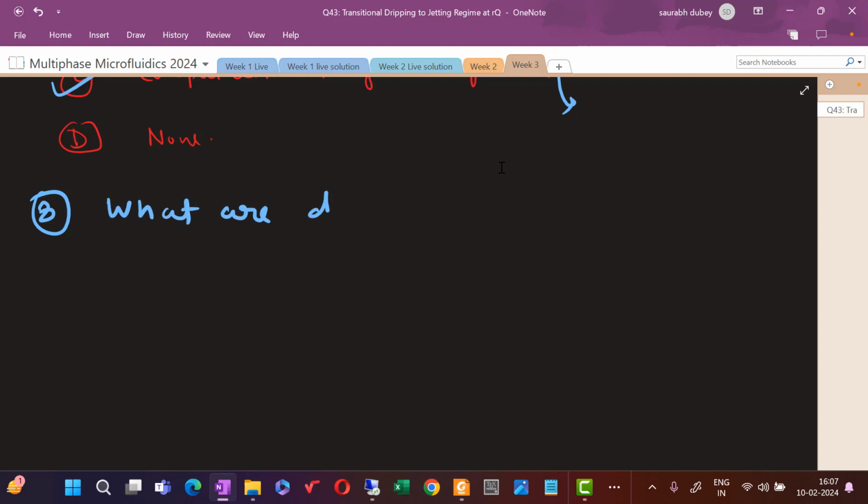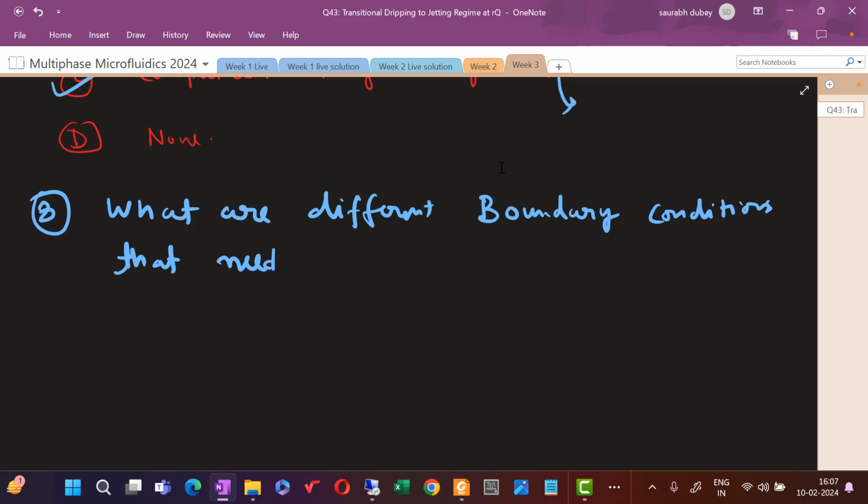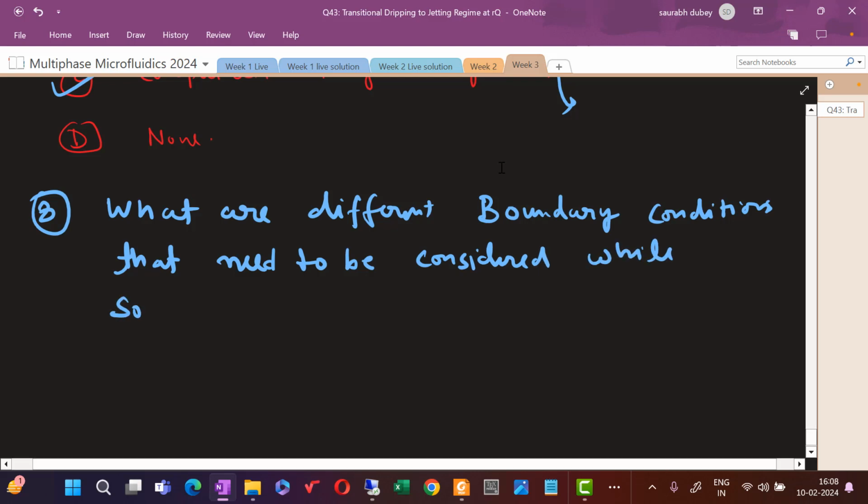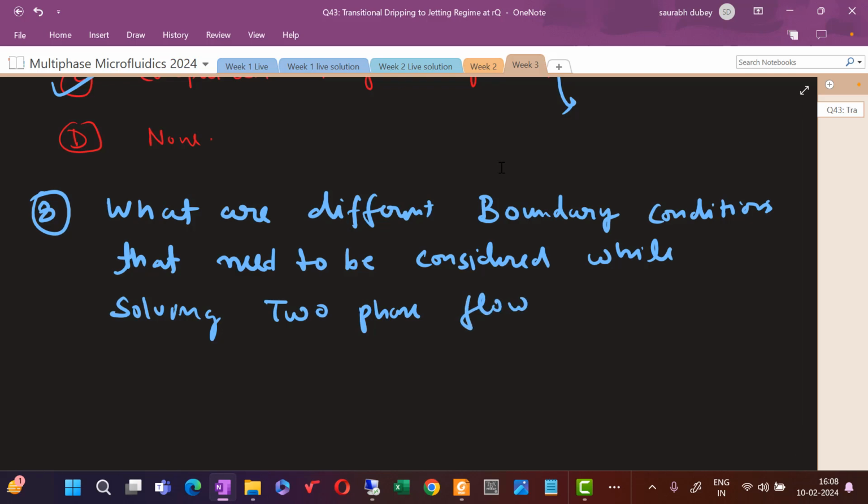Question number eight is, what are the different boundary conditions that need to be considered while solving a two-phase flow problem?